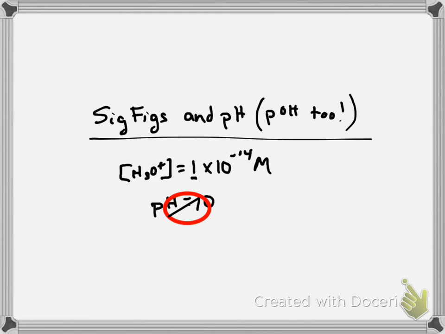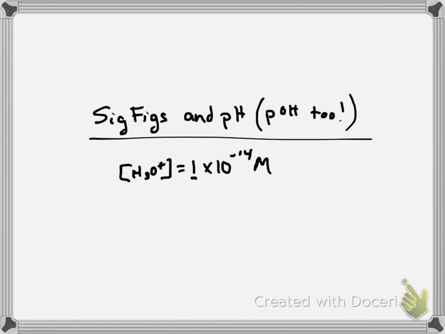It is just unsafe. A pH of 14 would be very, very damaging, while a pH of 10 is more like strong hand soap and not harmful necessarily at all. So what we do is we give pH and pOH special sig fig rules.